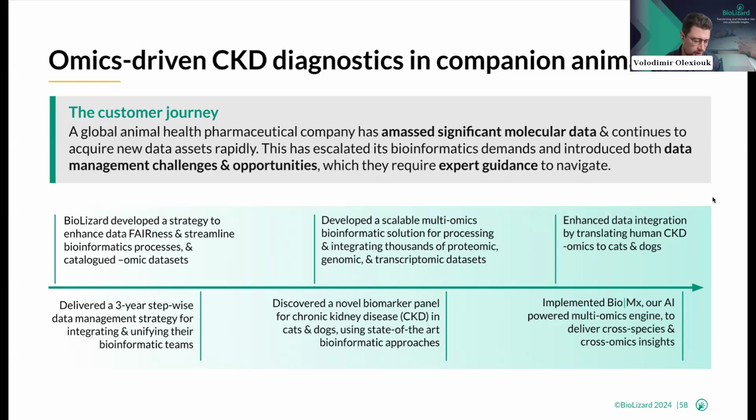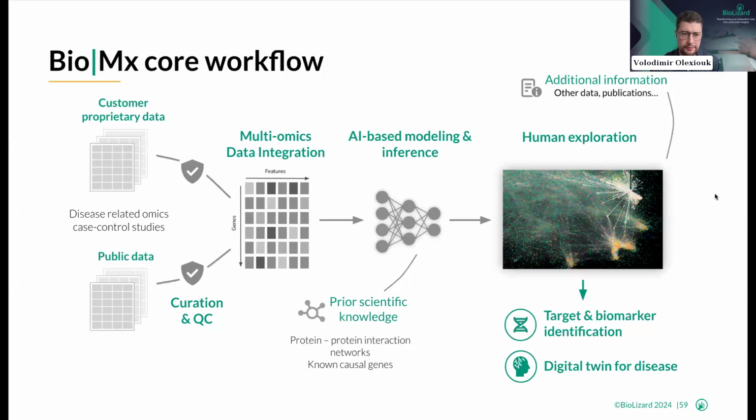So this was one of the trigger points that made us think, and where we now are experimenting with applying spatial technologies as well to bring another dimension of information and potentially unveil novel biology, or at least explain the results that we see within that context as well. So on the next slide, there is a high-level overview of this data. There are a couple of challenges that I want to highlight here as well.